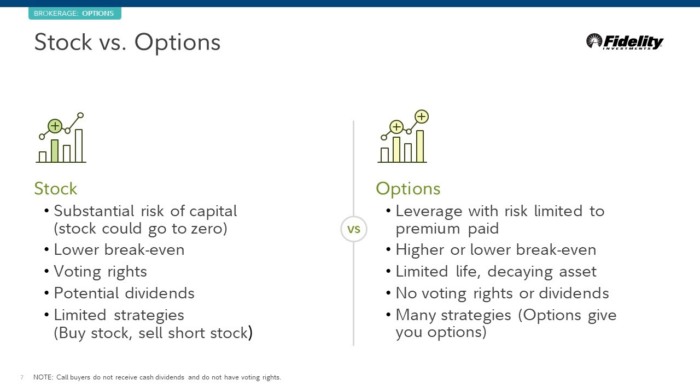Now, with that leverage, if you're able to get the exposure of 100 shares of stock from an options perspective, and you're able to do that with just $2,500 versus the full $10,000, what might happen to a lot of traders is they might go, well, I wanted to invest $10,000, so I'm going to buy $10,000 worth of options. Well, now they actually have the exposure of $40,000 worth of stock.